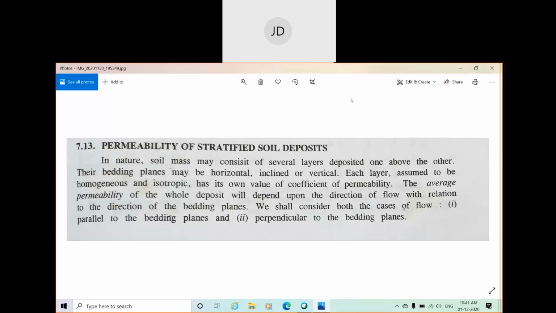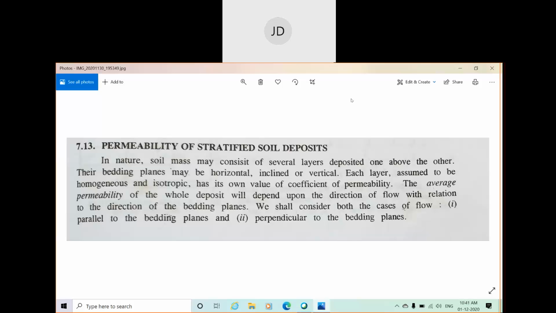So we can find out the value of coefficient of permeability for a stratified soil deposit, and it depends on whether the flow direction is parallel to the bedding plane or perpendicular to the bedding plane.